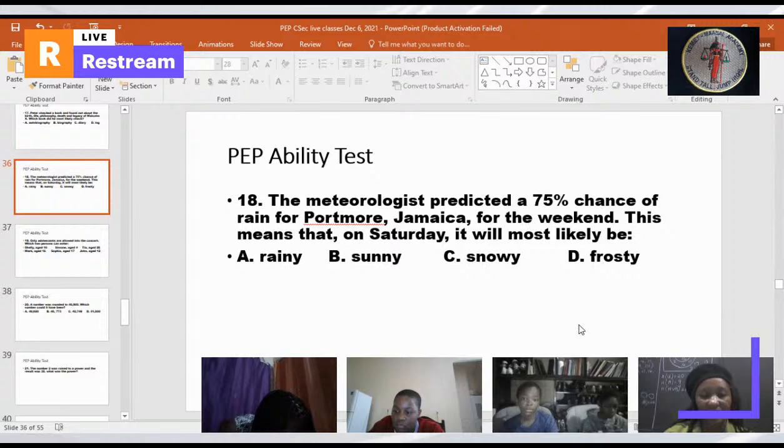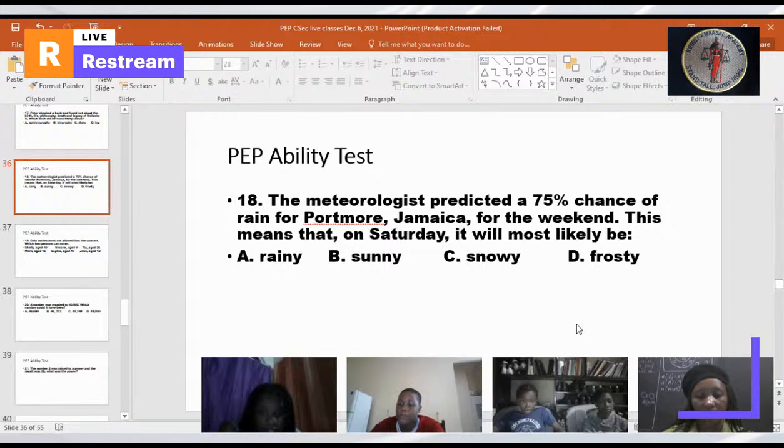All right, Madison, read number 18, please. Number 18. The meteorologist predicted a 75% chance of rain for Portmore, Jamaica, for the weekend.